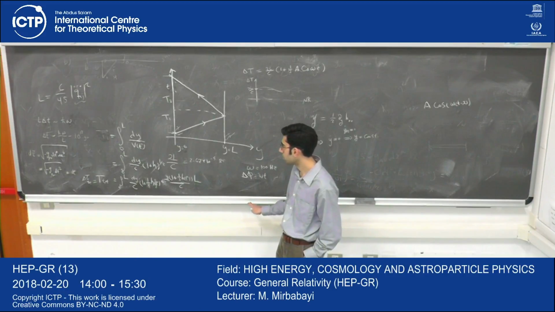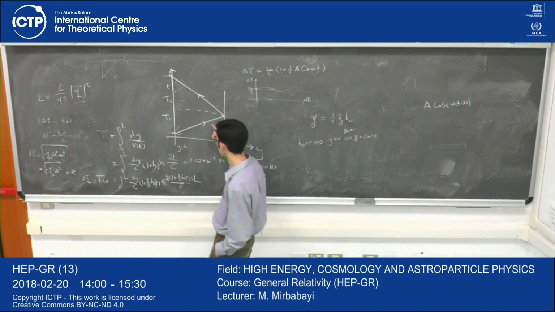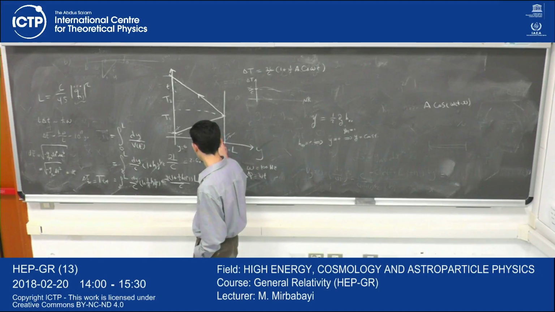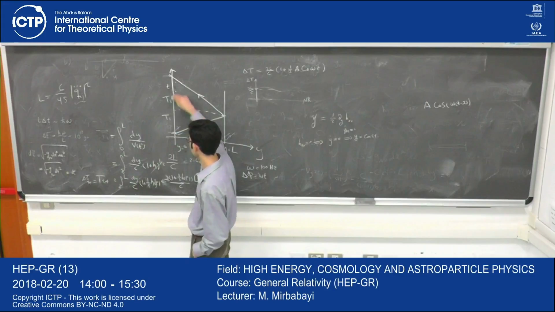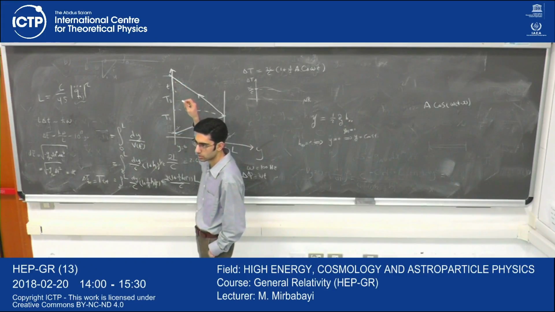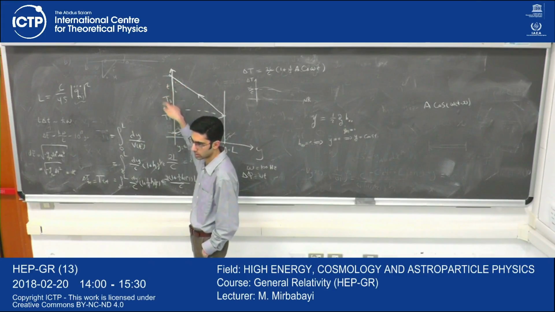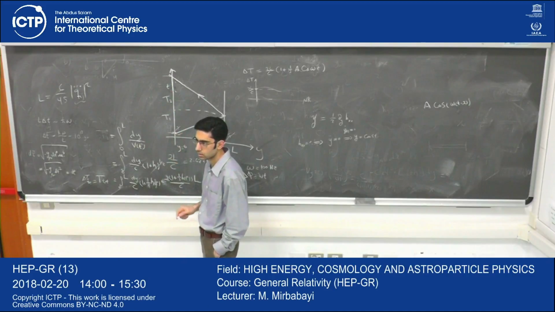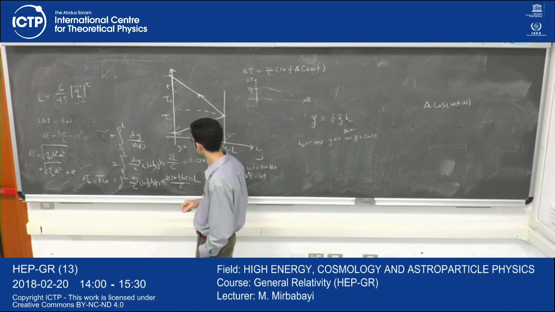But here we are not doing that. What we are doing is that we send the signal to go back and forth, and we measure the time that is measured by the clock that is sitting here. And that is also changing.